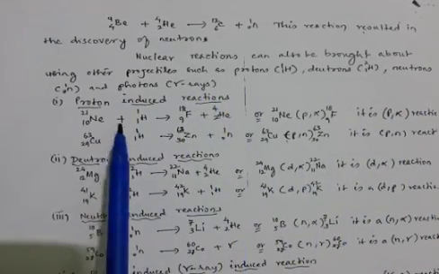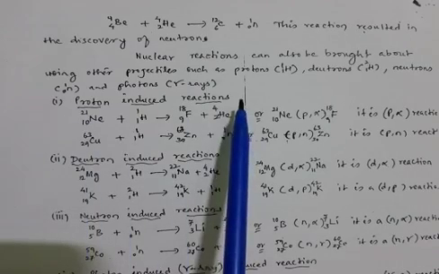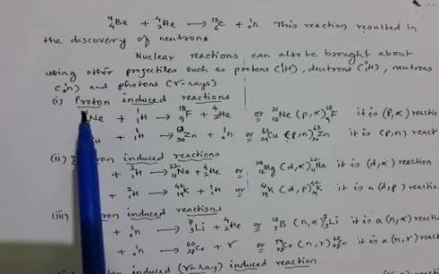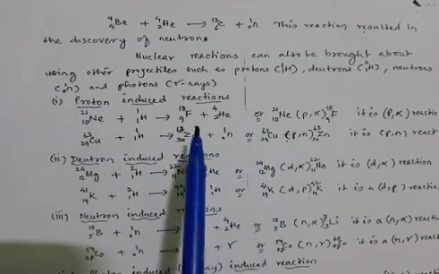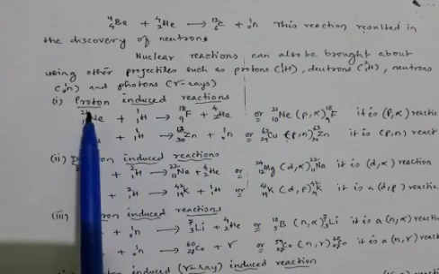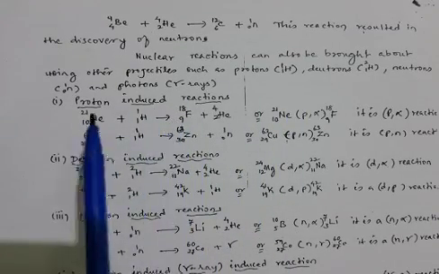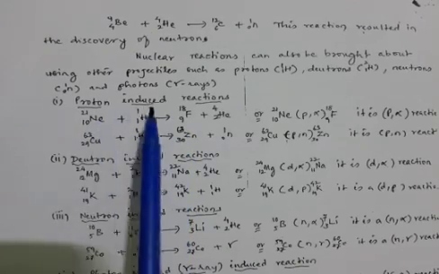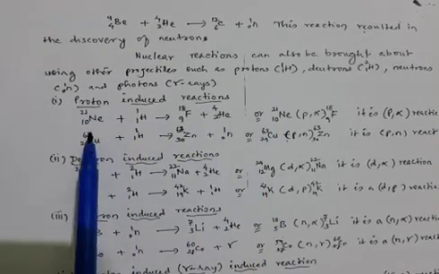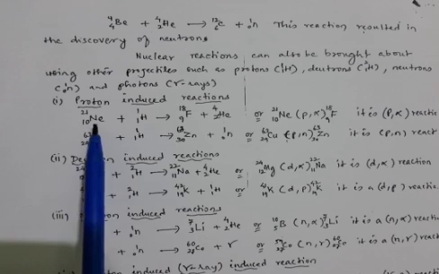Here in the first example, you can observe the nuclear transmutation reactions that involve proton induced reactions. These conversions can be brought about by inducing a proton. In the first example, you can observe neon.